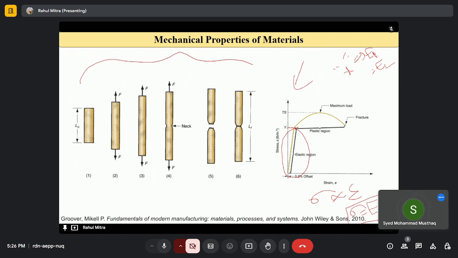At first, the material passes through the elastic region. It tends to elongate and reduce its diameter, as seen in the figure here.